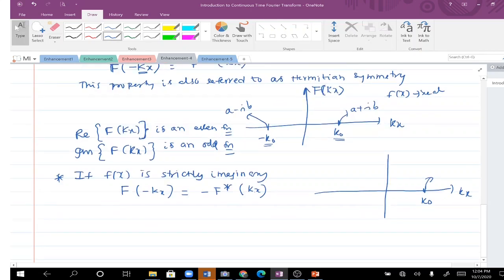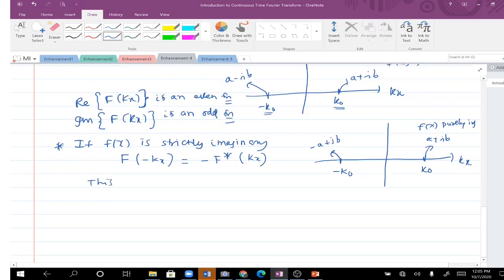Now given that your f of x is purely imaginary, let's say at k naught you have a plus jb, the value at minus k naught is obtained by taking the conjugate, that means a minus jb, and then taking the negative sign to it. So then this would become minus a plus jb.